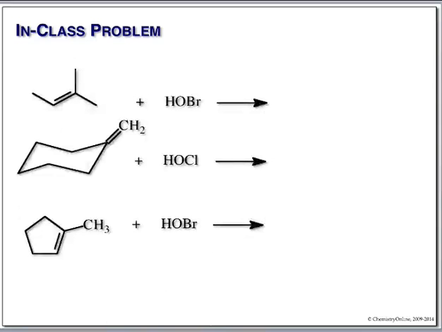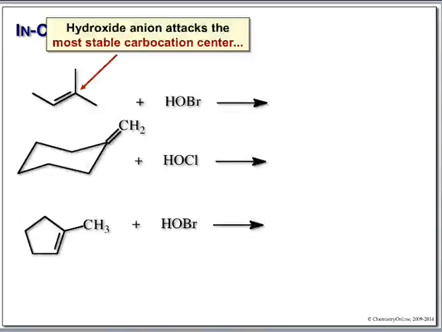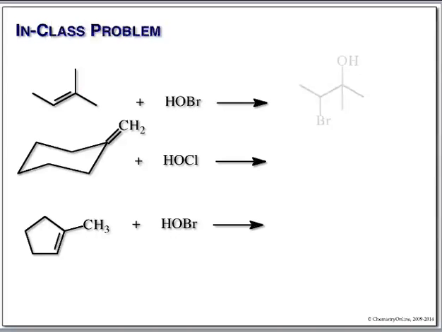Where does the OH group go? On the tertiary. Most stable carbocation is here. Hydroxyl group adds to that carbon. Doesn't matter which way you're facing the hydroxyl, as long as it's trans to the bromine.